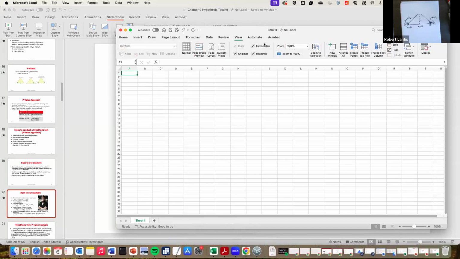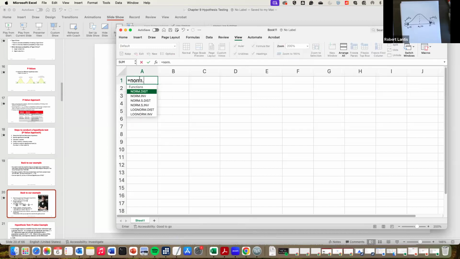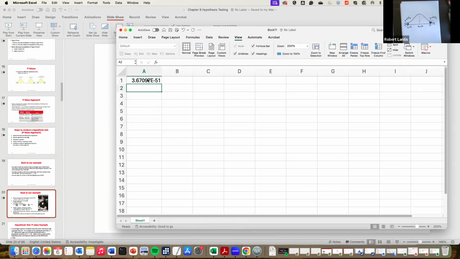And here I'll zoom in so we can see what I'm doing. So NORM.S.DIST. I had negative 15. I want the cumulative probability. I want that area in the tail. E to the negative 51 means move that decimal 51 places to the left. So this is basically 0.